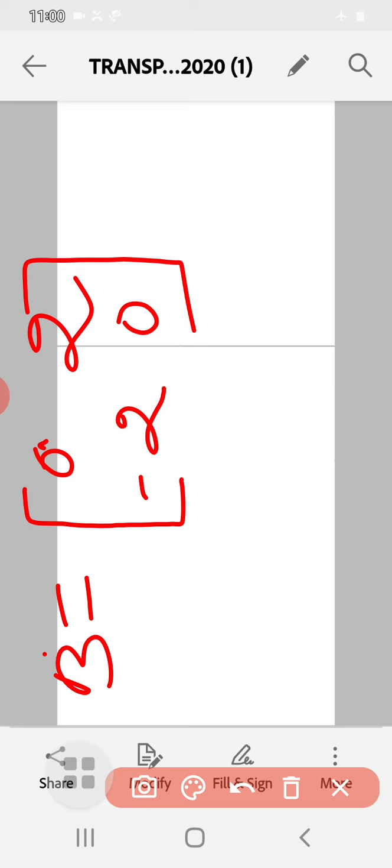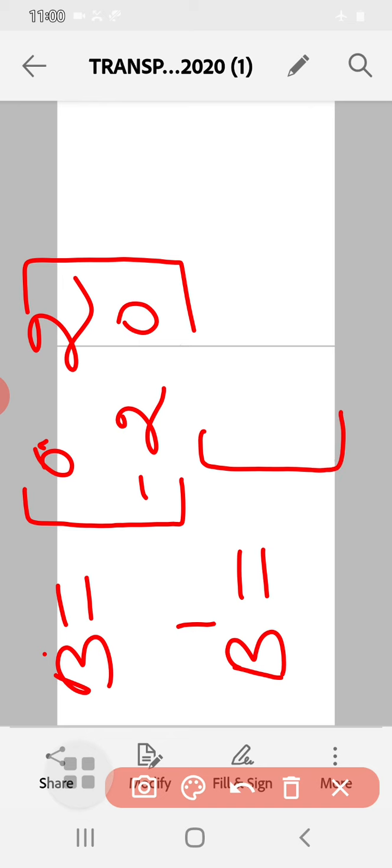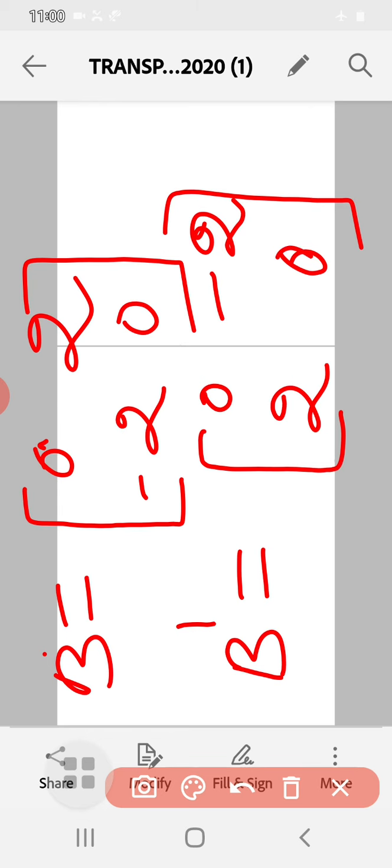I will take the transpose, B dash. If I write the transpose, the first row is 0, minus 2, and the second row is 2, 0. So definitely these are not symmetric matrices. B is not a symmetric matrix. Is it skew symmetric? That we have to check here.